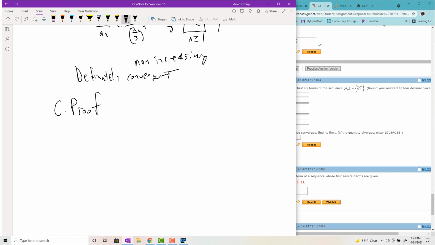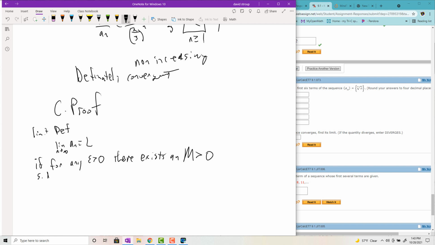And so we have a reminder of the strict definition of a limit, which says that the limit as n goes to infinity of a sub n will equal L if for any epsilon greater than 0 there exists a big M greater than 0 such that if n is greater than this big M, then the distance between the nth term and L is less than epsilon.